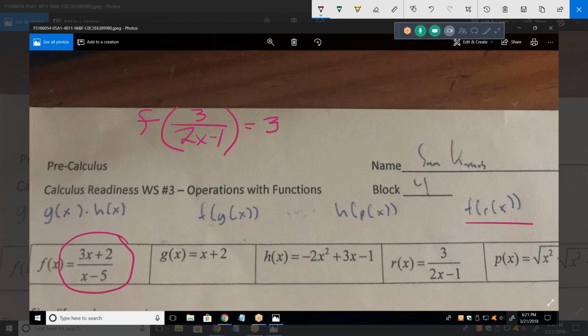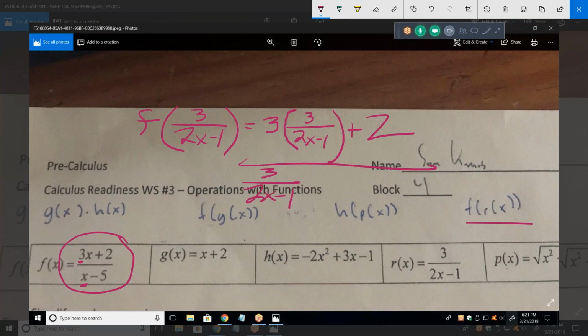Hold on. First of all, I got that 3. Okay, so that's what I'm writing. And then in place of x, I got 3 over 2x minus 1. There's the plus 2. Now I got a denominator. And in place of that x, I'm going to write 3 over 2x minus 1.